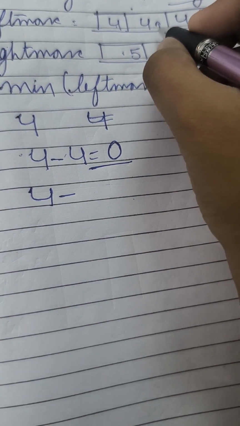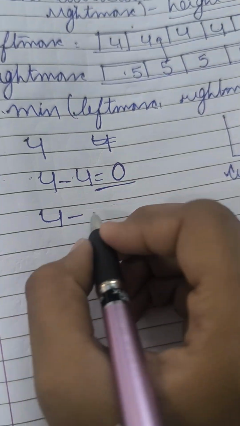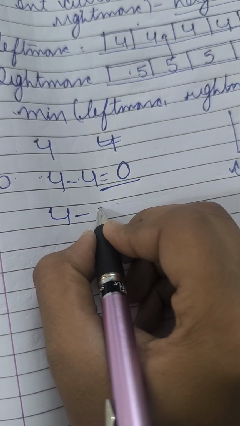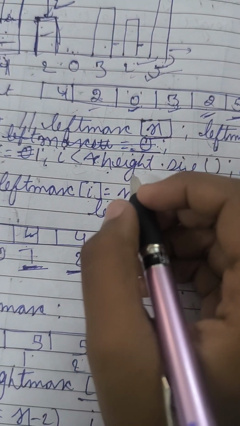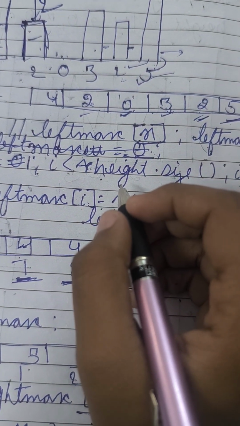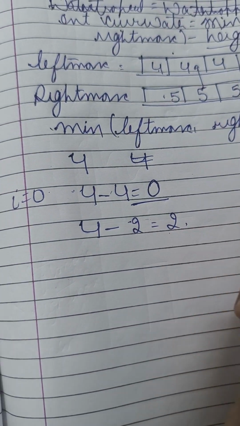So see, similarly what I am doing over here, I am going to find the minimum of left max and right max, and minus the height of I. For the first element the height of I is 2. So 4 minus 2 is going to give you 2.